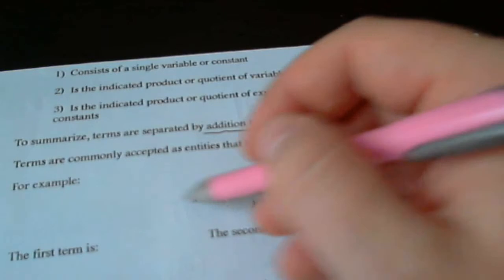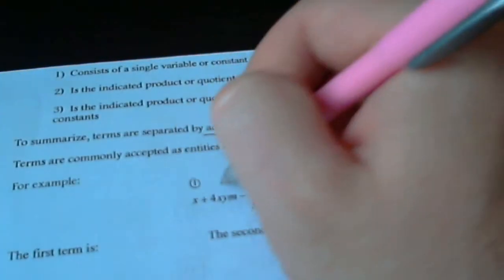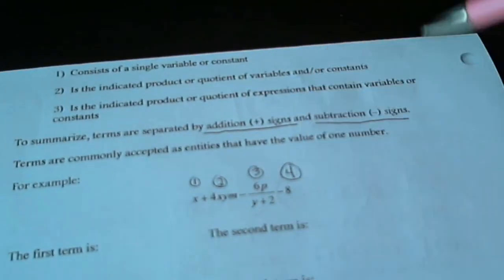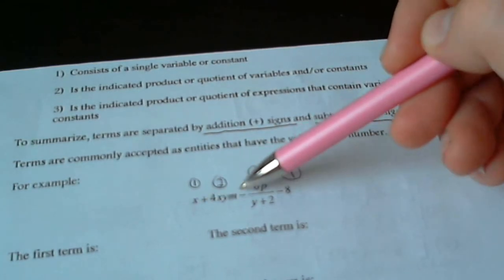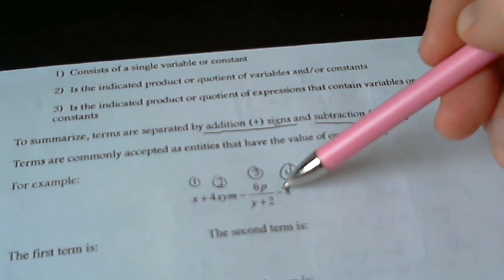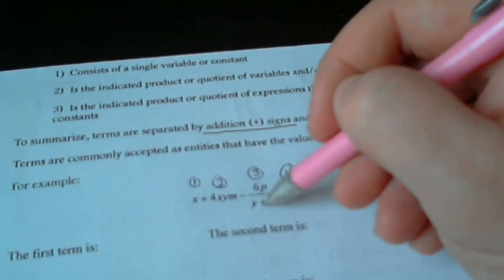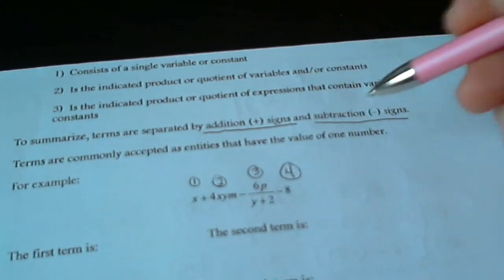So down here in our example, we have 4 terms. Here they are right here. 1, 2, 3, and 4. Notice that every term is separated by either an addition or a subtraction symbol. And here's a subtraction symbol here. Note that this addition symbol happens inside division, so this does not separate any terms.